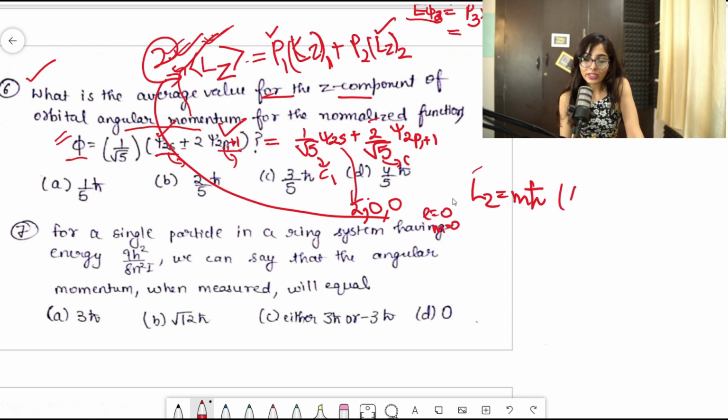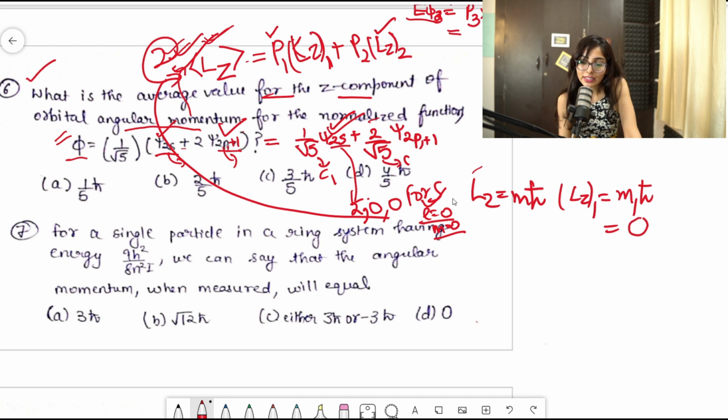So if I calculate LZ1, that means m of the first state, which is 0. Because it is 2s, and for an s orbital l is 0, so obviously m will be 0. So can I write 0 into h cut? That will be 0 only.